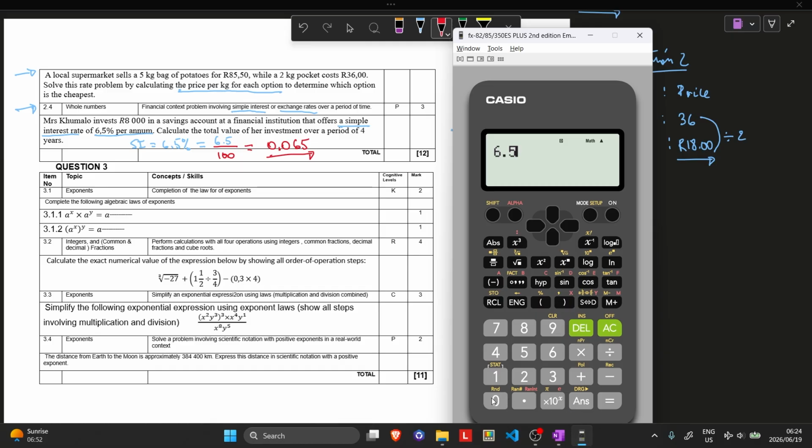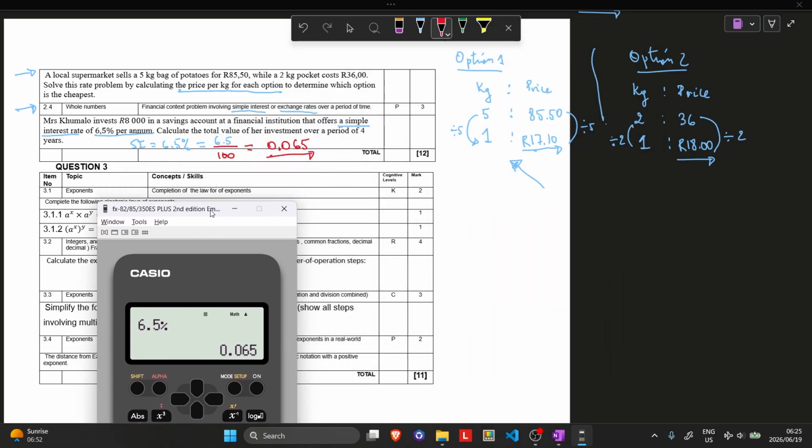Percent should be there. Okay, yeah, there it is in yellow, right? So it means you need to do a shift, and if you say equal, then you put it in decimal. There it is, right? So this is how you express this in decimal, because you're going to use it here.